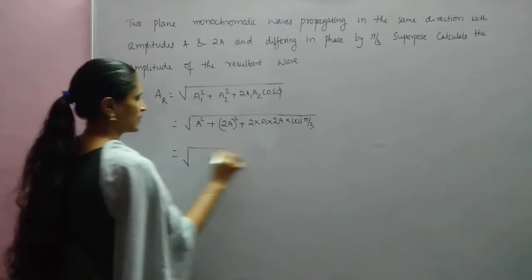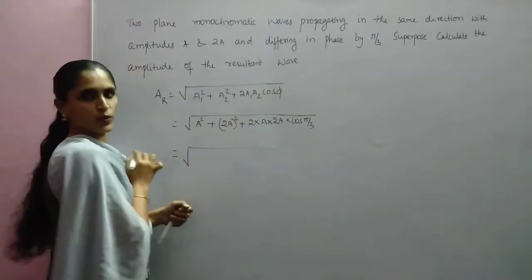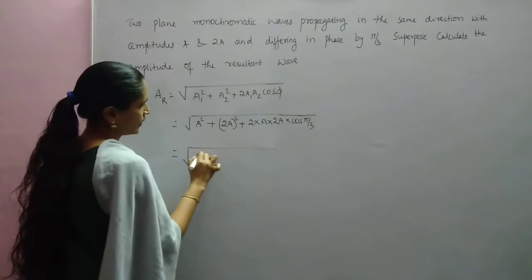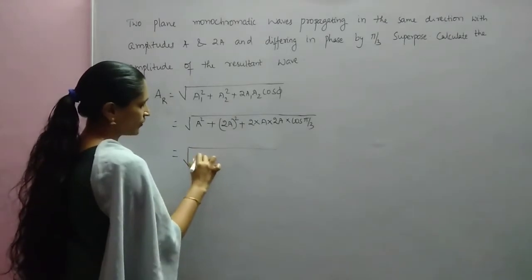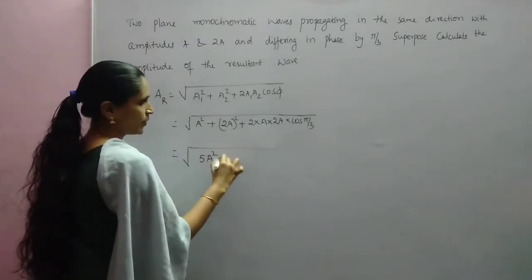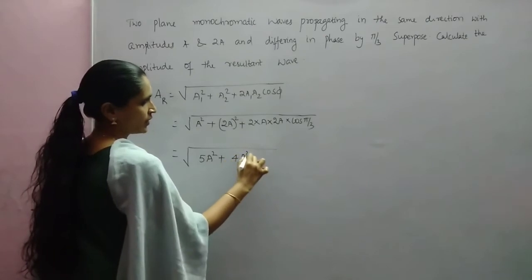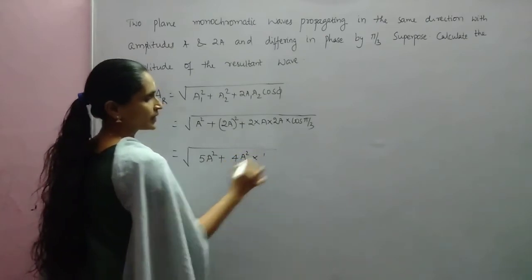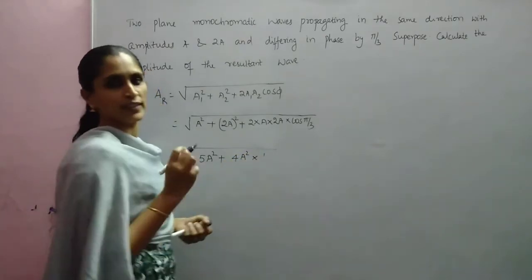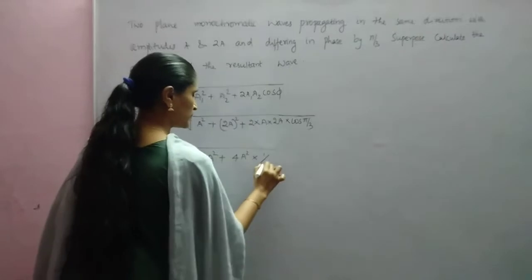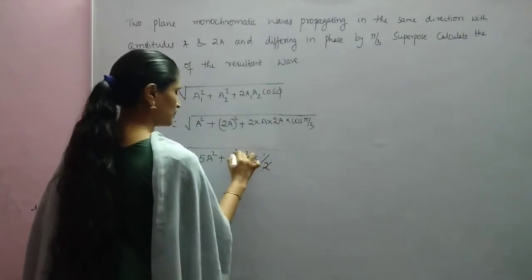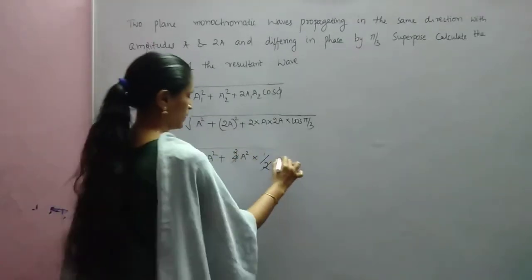You can write A square plus 2A square, you can write 4A square, 4A square plus A square, 5A square, plus 4A square into cos pi by 3, and cos pi by 3 is cos 60, which is 1 by 2. What will you get?